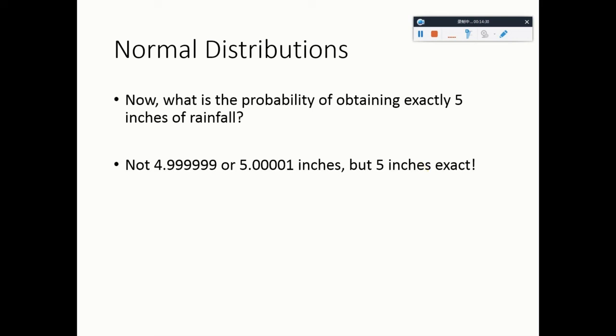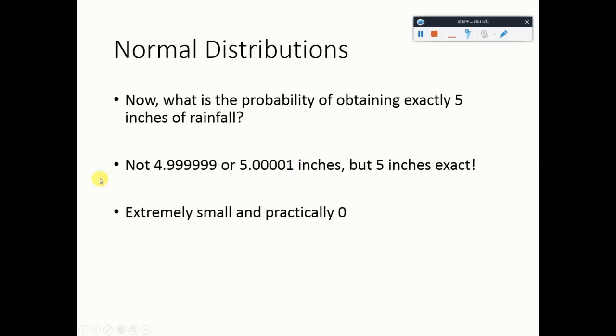If your boss gives you this task, to measure 5 inches of rainfall exactly, not 4.9999 nor 5.0001, your boss has given you a mission impossible, right?